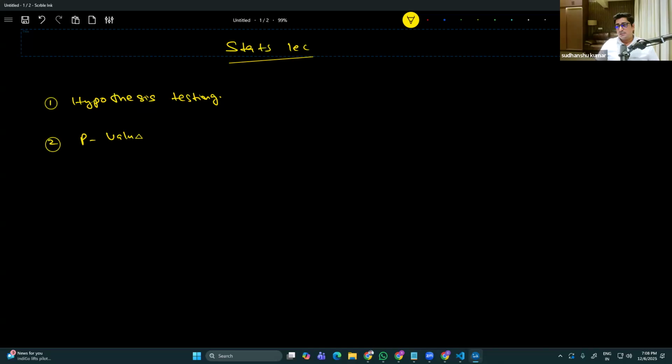We will try to understand what a t-test is, or we can say student t-distribution; that's another name for it. We can also try to understand the Z test: what is the meaning of Z test, when we are going to do a t-test, and when we are going to do a Z test. We are also going to understand something called the chi-square test.